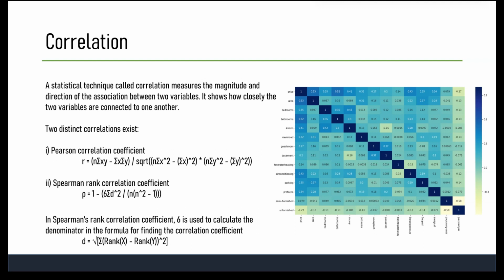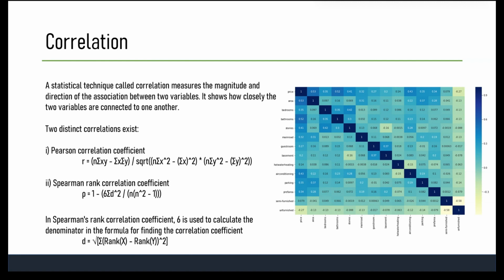So in Spearman rank, you can ask me why 6 is used. So basically in Spearman rank correlation coefficient, 6 is used to calculate the denominator in the formula by finding the correlation coefficient. Specifically the denominator is given by the formula d equal to root of sigma (rank x minus rank y) whole square, where rank x and rank y are the ranks of the observations in the two variables being compared with each other.